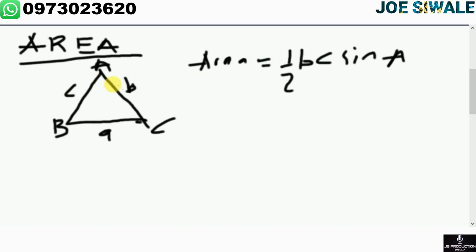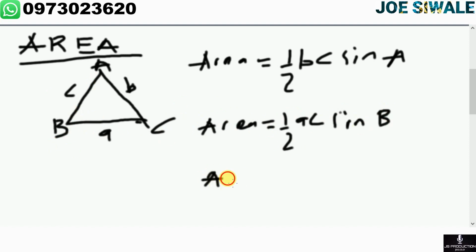What if you have been given the angle at B? So if the angle here is at B, this will be half ac sine B, for the angle that you have been given. What if you have been given the angle at point C?